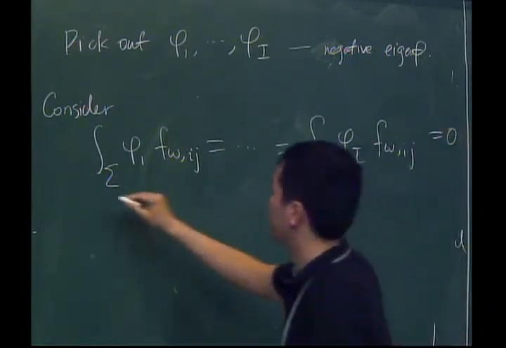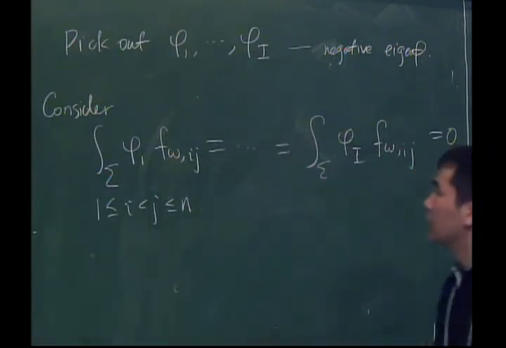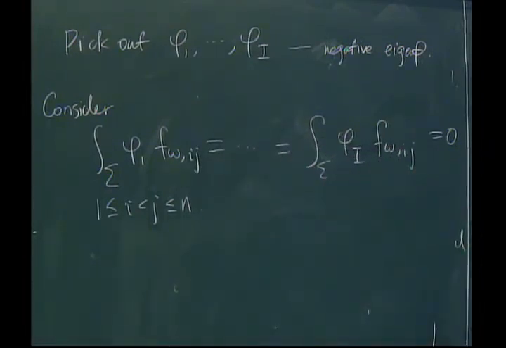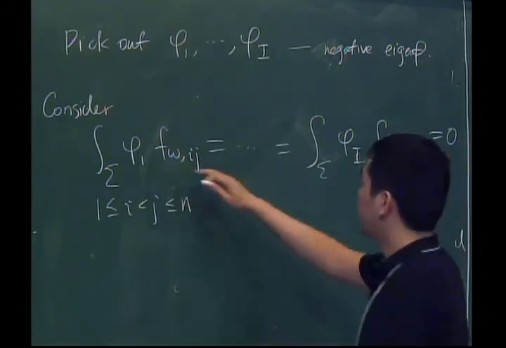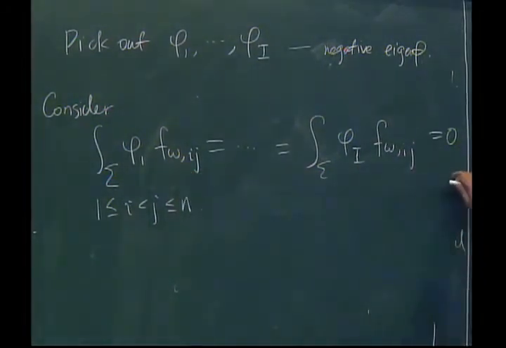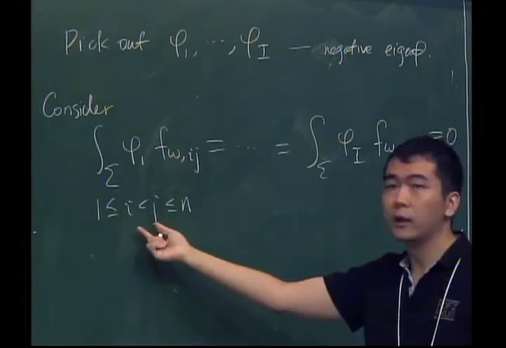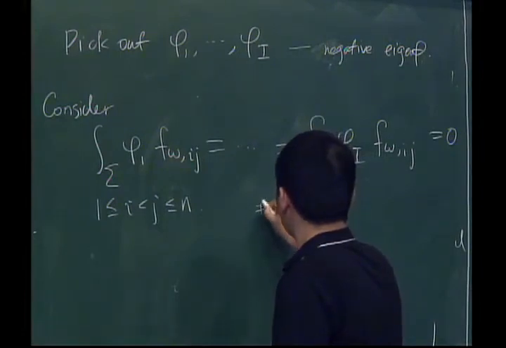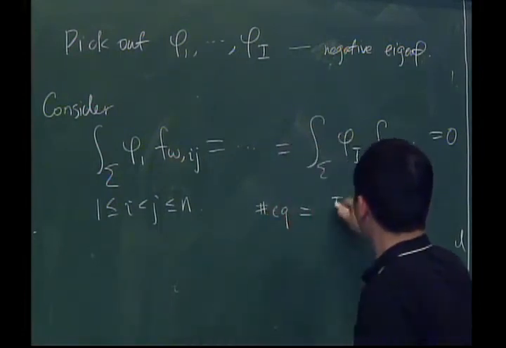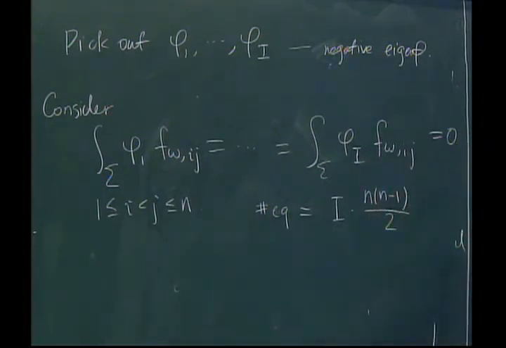This holds true for every pair i and j. If you count the number of equations inside this linear system, on every line here it has I equations. But you want to run over all the pairs i and j, so the total number of equations equals I times n choose 2, basically.